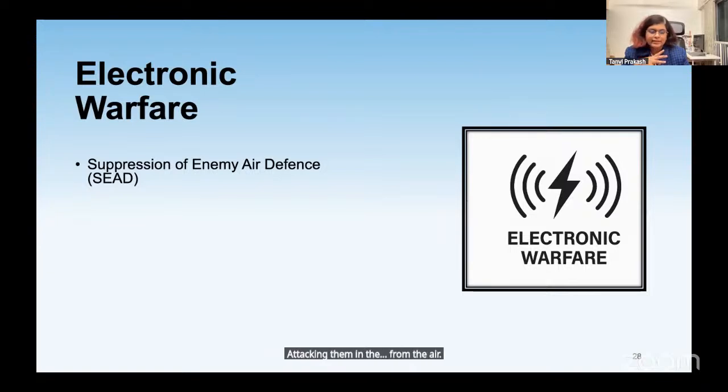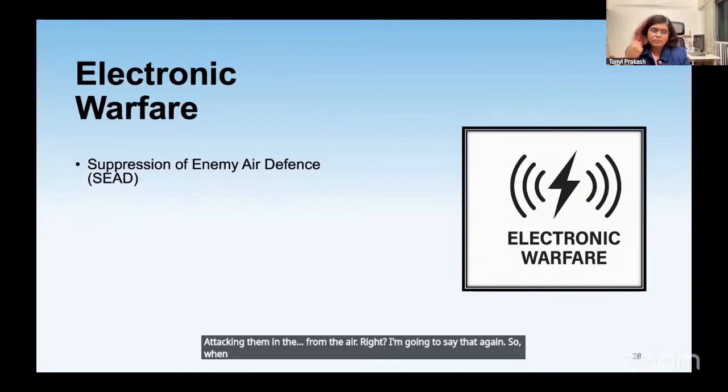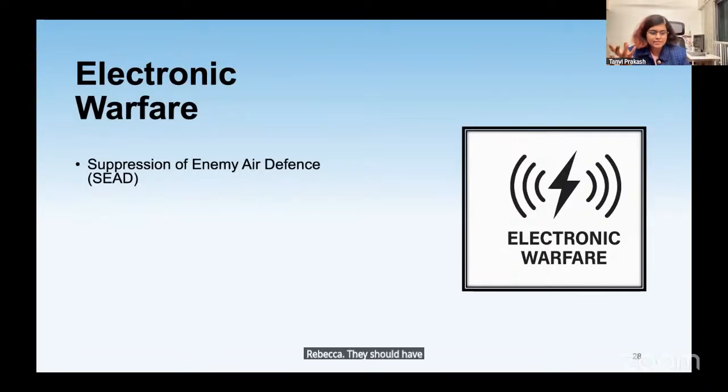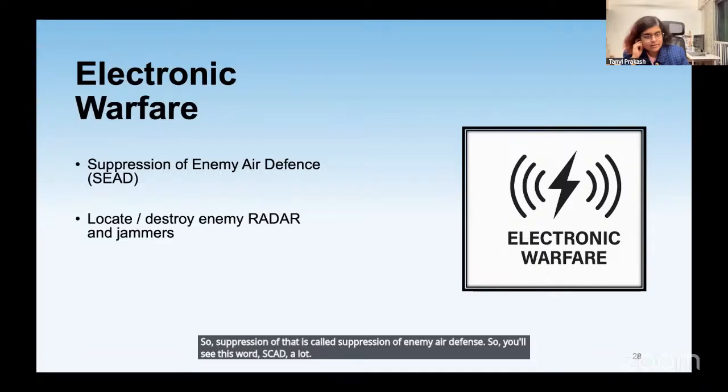So when we go to an enemy as an air attacker, they should have some defense system in place, which is known as the air defense, right? So suppression of that is called suppression of enemy air defense. You'll see this word SEAD a lot nowadays.